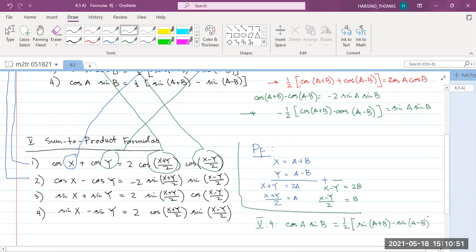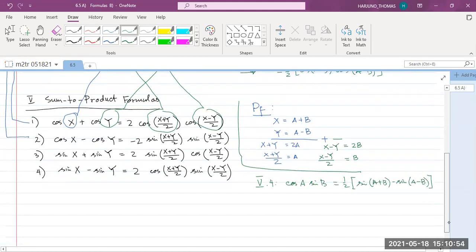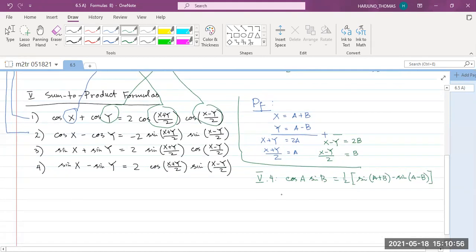So at least you know what actually happened in between. Multiply both sides by 2.